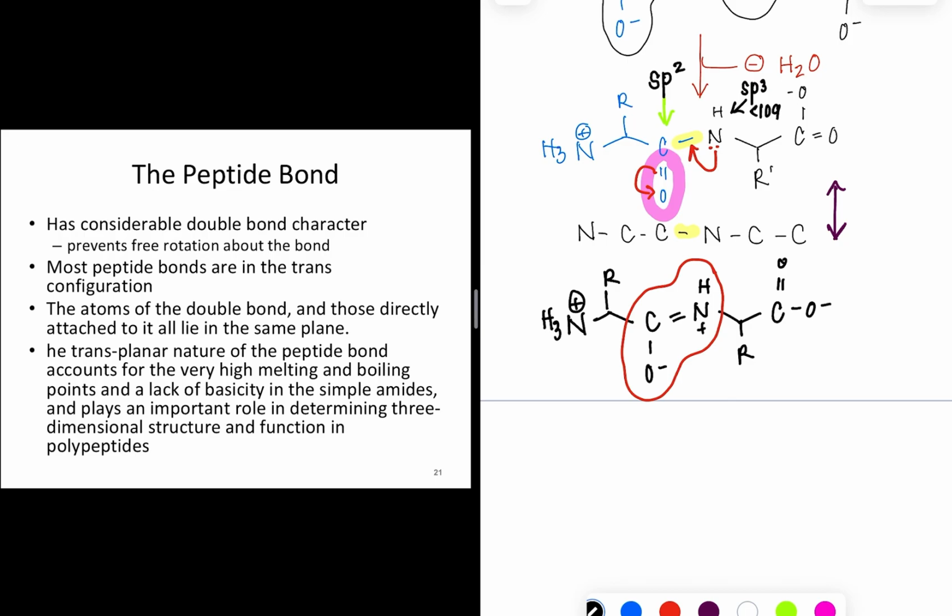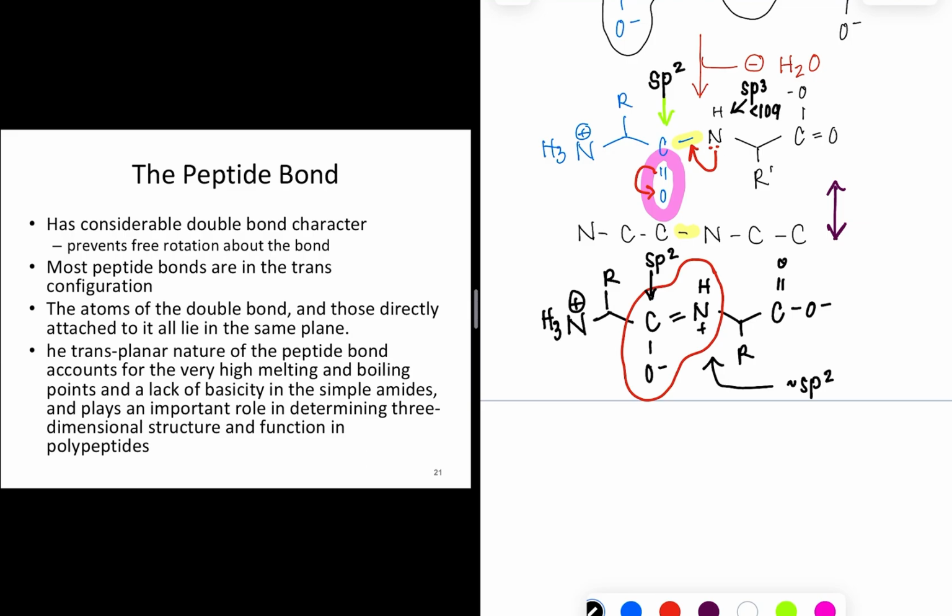But when I look at the molecule below, what I'm noticing is that now the nitrogen looks like it has a lot of sp2 character because it is involved in the double bond. So this is more like an sp2 hybridized atom, and my carbon still is sp2.